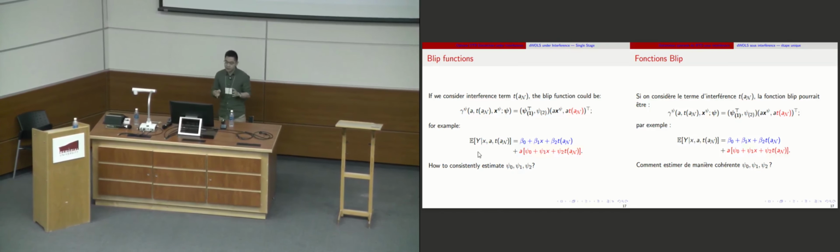For this interference term, we also assume that it is fixed, known, and correctly specified in this blip model. For example, we can have this simple outcome model. We have the linear model for the treatment-free function, and we have the blip model, and we include the interference term in both models. So the following question is, how can we consistently estimate these parameters if we have this interference term in the blip model?